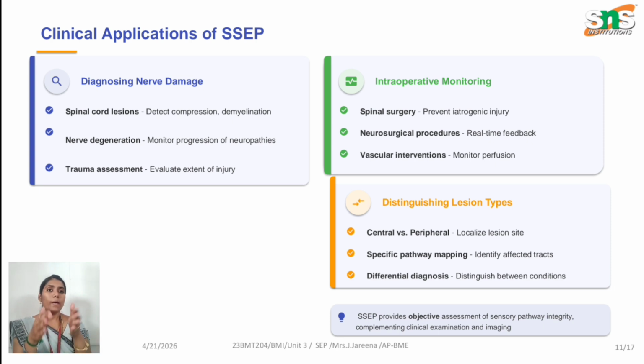That is the main clinical application of somatosensory testing. Apart from that, you can also have intraoperative monitoring during spinal surgery, neurosurgical procedures, and vascular procedures. In that case also, SSEP is used very widely.